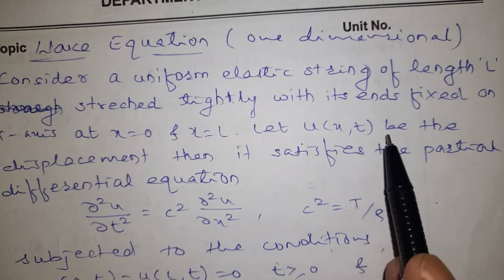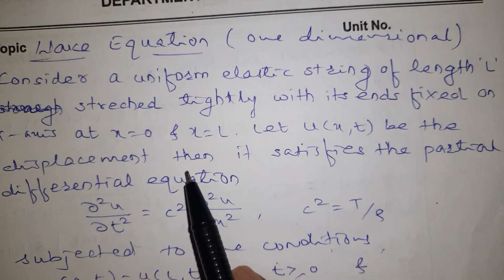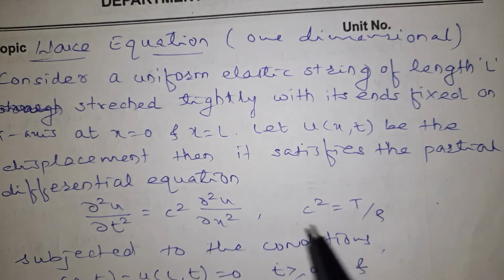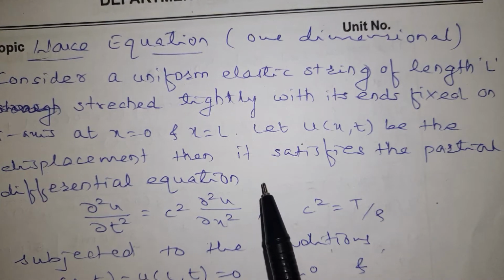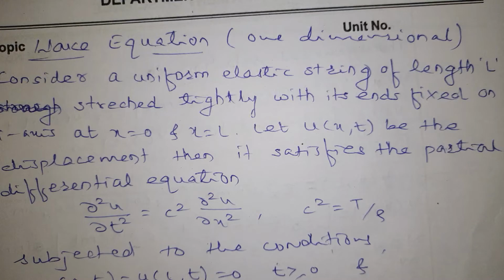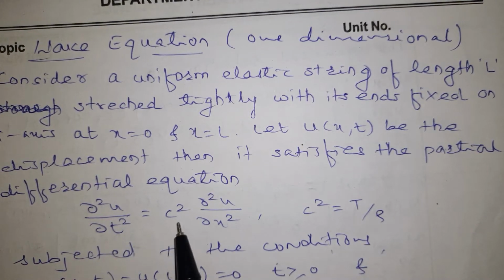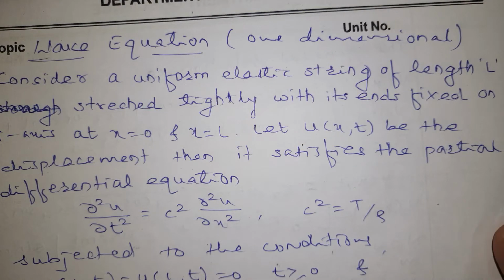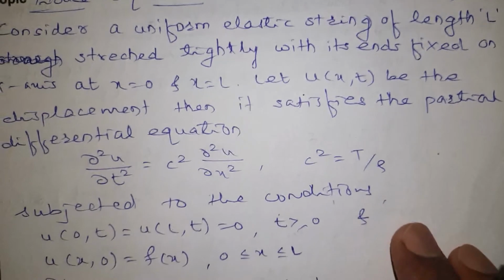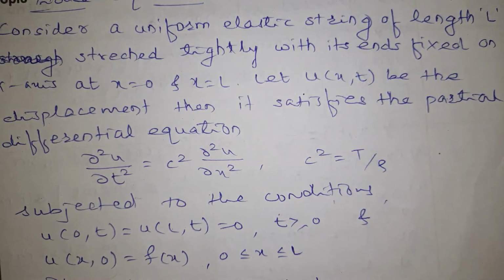Let u of x,t be the displacement, and it satisfies the partial differential equation dou square u by dou t square is equal to c square dou square u by dou x square. Now as we saw in the heat equation, we required initial conditions and boundary conditions. Using that we will find the solution. The same way here we need initial condition as well as boundary condition.